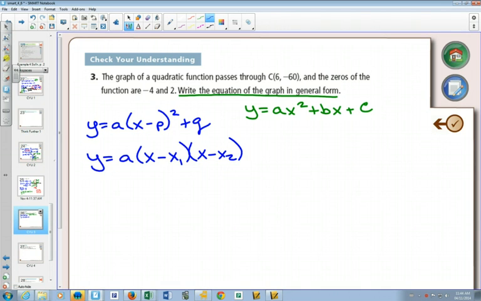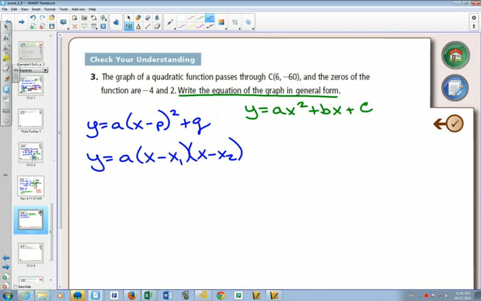You have to look at the information that you're given. In this case, you're given it passes through a point 6, negative 60. It doesn't say that's a vertex. It just tells us it's a point. And it tells us the zeros of the function are negative 4 and 2. In other words, it's telling us the x-intercepts are at negative 4 and 2. Okay?